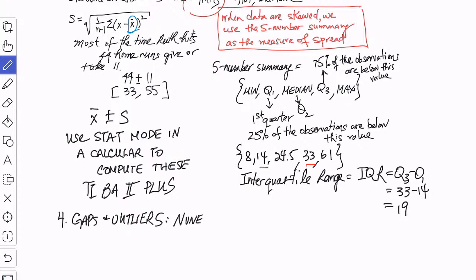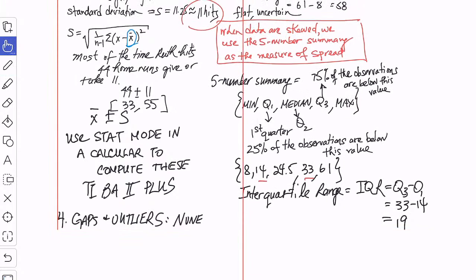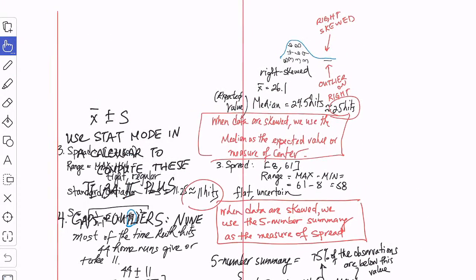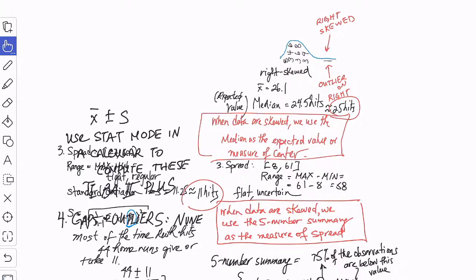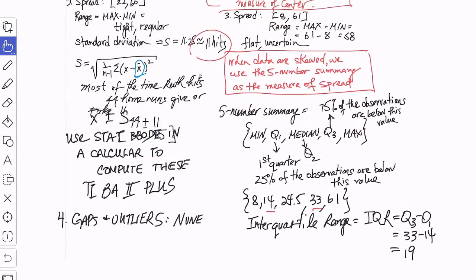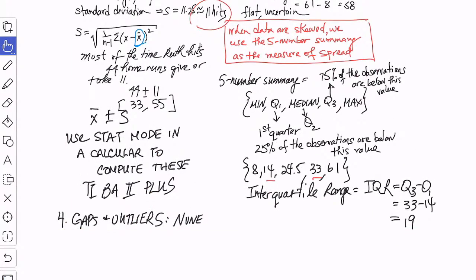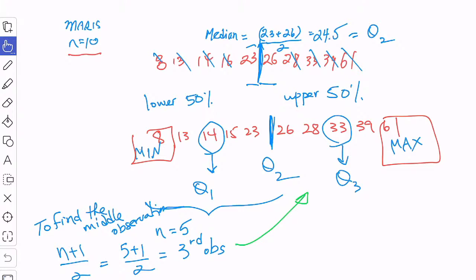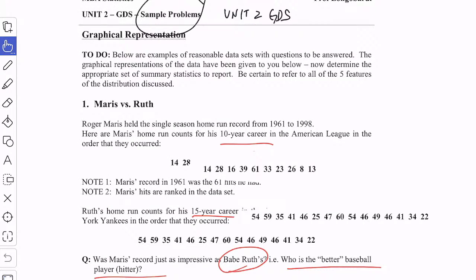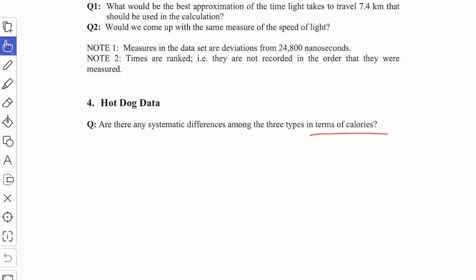However, in Maris's data set, I'm going to go and pull it up. I'm going to try and bring it down here. Oh, it's way up there. I have to shrink this. Not easy. Well, let me see if I can get it from somewhere else. Should I draw it somewhere else?